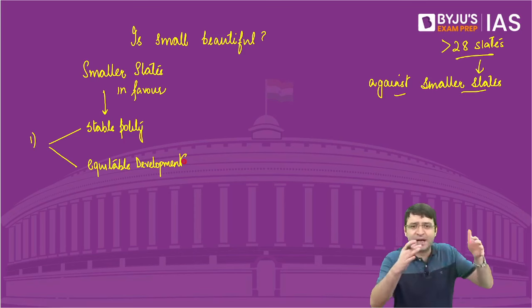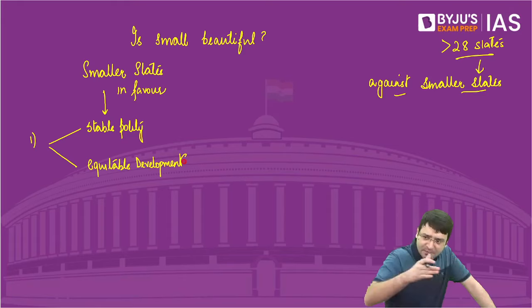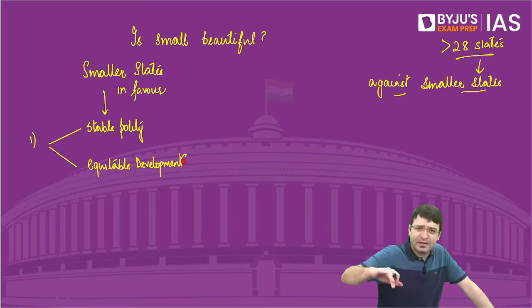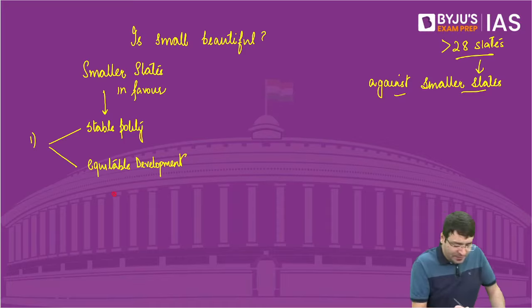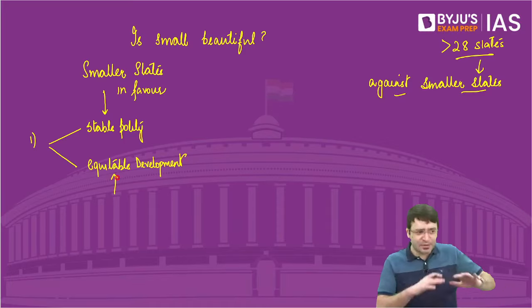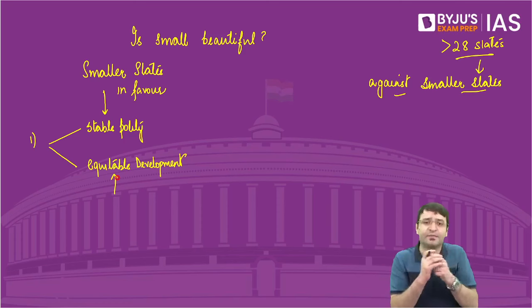In a sense, the entire state is not developed. You will see one particular area developed, but the other areas are lagging behind, when it comes to education, sanitation, health infrastructure, roads, universities, development, the access to power. So if we have more and more smaller states, it will lead to equitable development. That means all the areas of that smaller state will be equally and not partially developed.